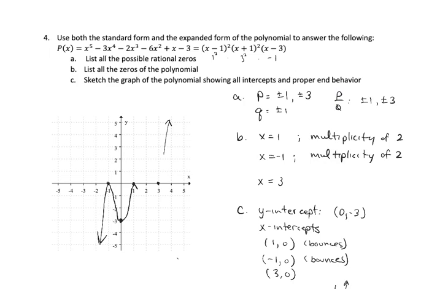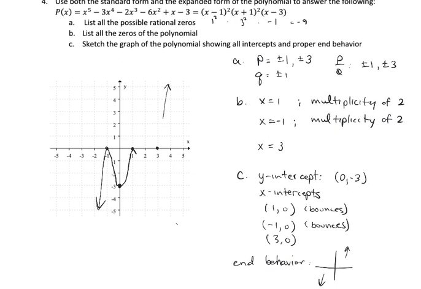So we have 1 times 9 times negative 1 equals negative 9. So when x equals 2, y equals negative 9. So it goes down there a ways before coming back up.